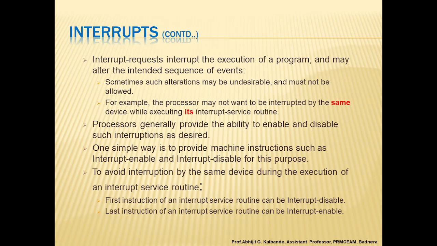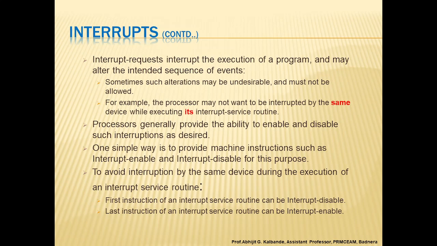To avoid interruption by the same device during the execution of an interrupt service routine, the first instruction of the interrupt service routine can be interrupt disable, and the last instruction of the interrupt service routine can be interrupt enable. Right? So this is the particular way.